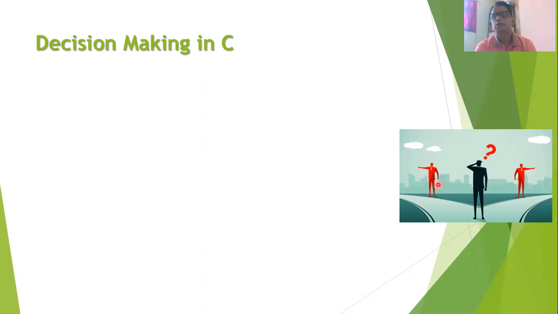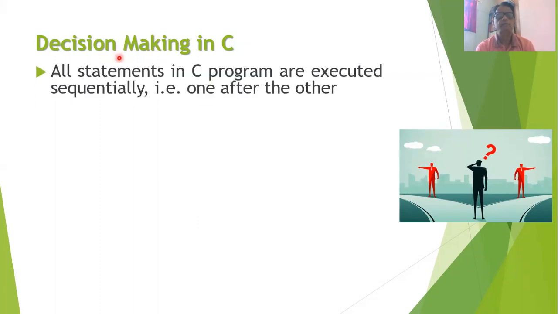So decisions are required. In programming languages also, there must be some facility by which decisions can be implemented. In C programming language, normally the statements in any program are executed sequentially. That is, first the first statement will be executed, then the second statement will be executed, and in that way, all the statements are executed.